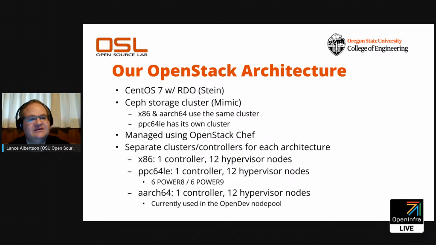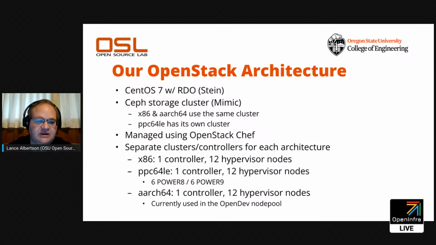Next slide, please. So our OpenStack infrastructure, we're currently a little behind on our releases. We're currently on Stein. I'm getting pretty close to getting it up to Train. We're a CentOS shop primarily, and our plan is to move to CentOS Stream 8 and beyond. We use Ceph as our storage backend. We actually have two separate clusters.